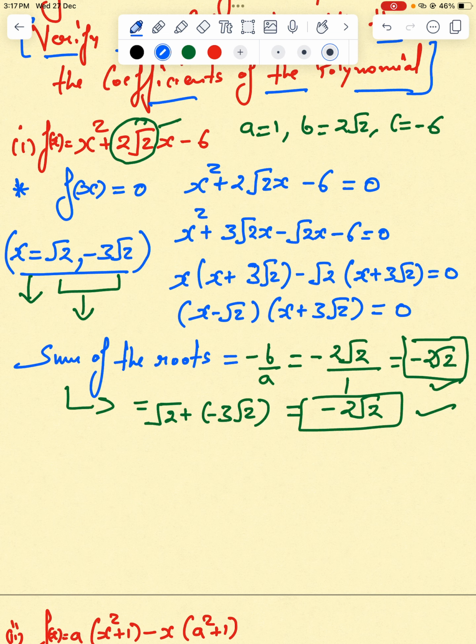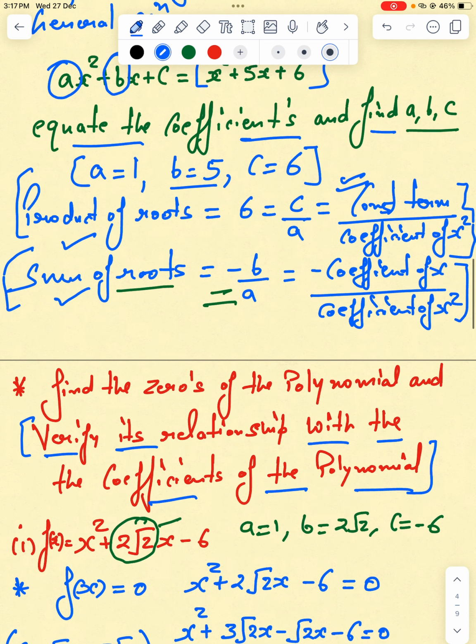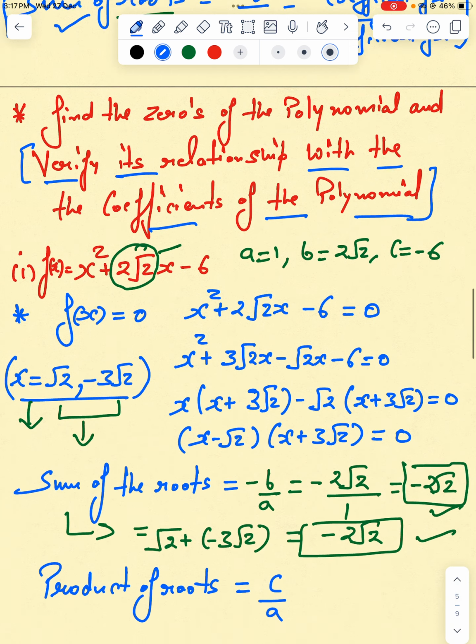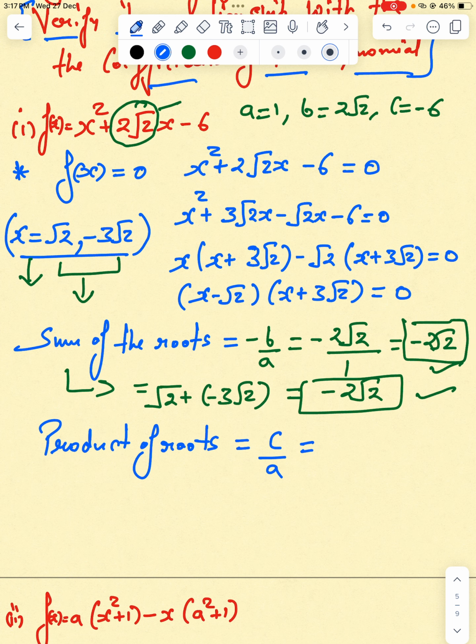What about the product of the roots? Product of roots is equal to c upon a. You can check it. This is c upon a, c is the constant term and a is the coefficient of x square. What is c? c here is minus 6 and a is 1.